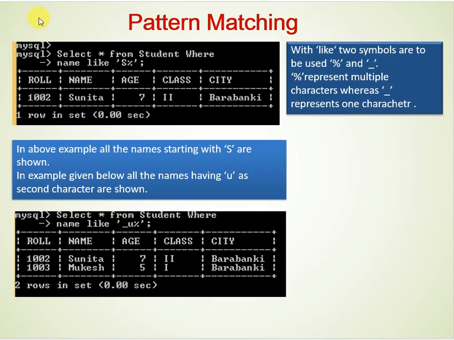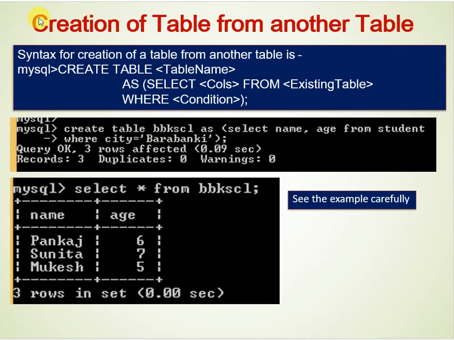Now we will move to the next thing, creation of a table from another table. Meaning if any table exists in the database and you want to create a new table on the basis of the existing table, how can you write the command? See here the syntax: create table. As usual, while creating a table we use the create table command and the table name.